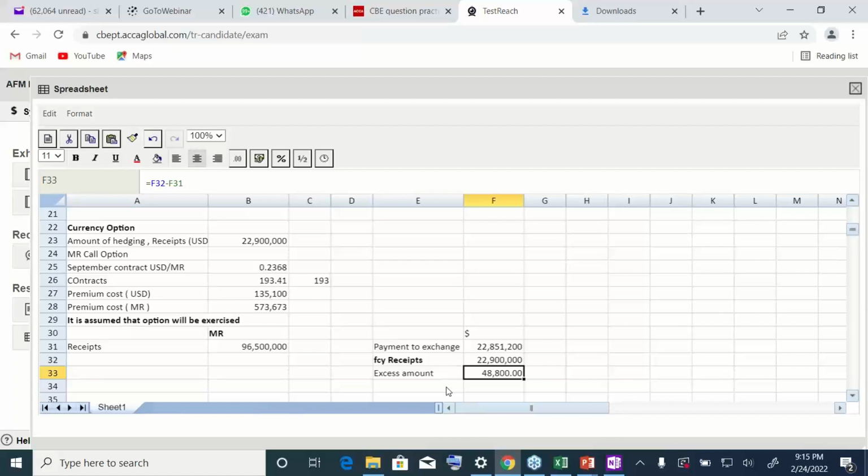So what are you going to do? You will sell this excess amount at forward. If you are selling at the forward rate, will you divide with the higher rate or the lower rate?